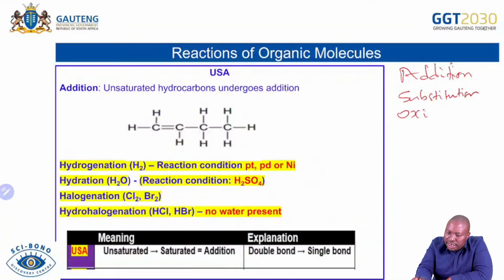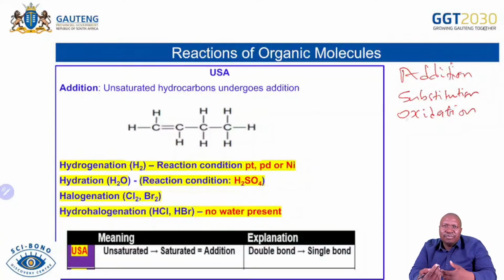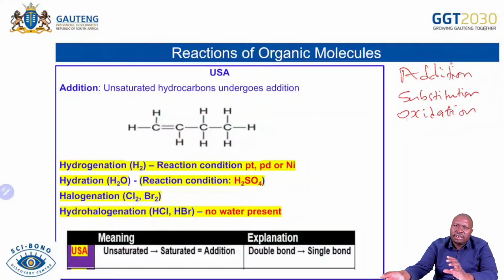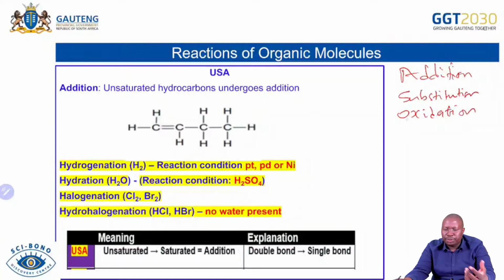We do oxidation or combustion. So you can call it oxidation or combustion. And we do esterification. But in terms of esterification, you just have to identify the alcohols that are used and be able to name the ester and all that. So we look at those 4 types of reactions as well.